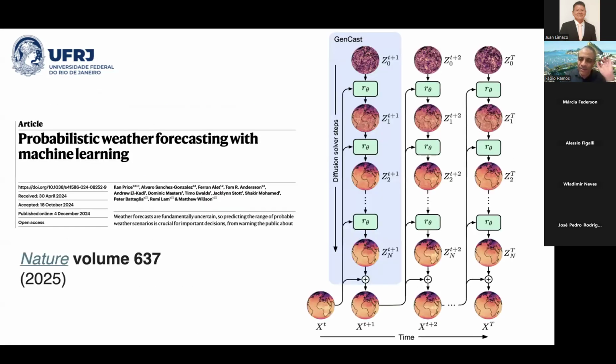And I just want to give a final remark. These diffusion models are so flexible that people have been using them in autoregressive ways. So there's this beautiful work by the guys from Google. It's in Nature 2025. They do an autoregressive diffusion model for weather forecasts, and this is one of the best weather forecast models available.